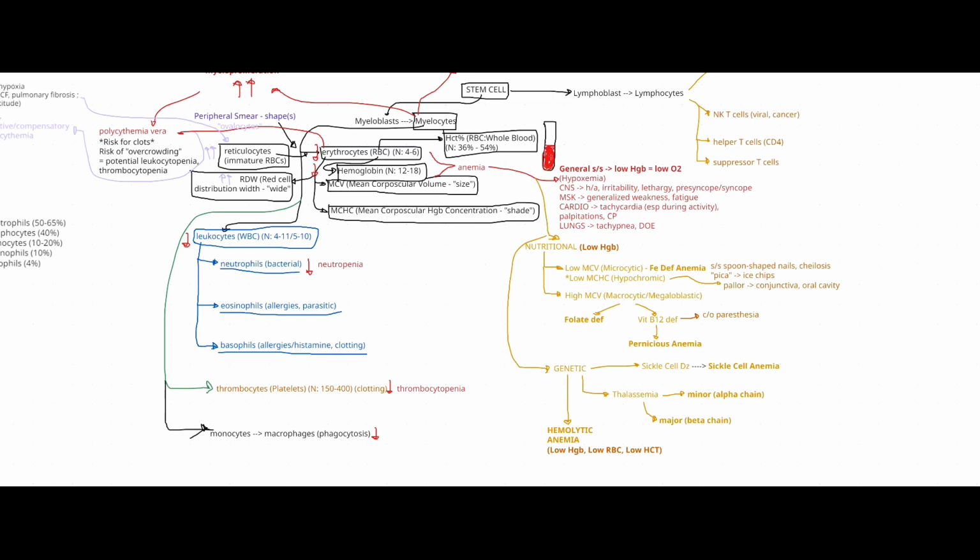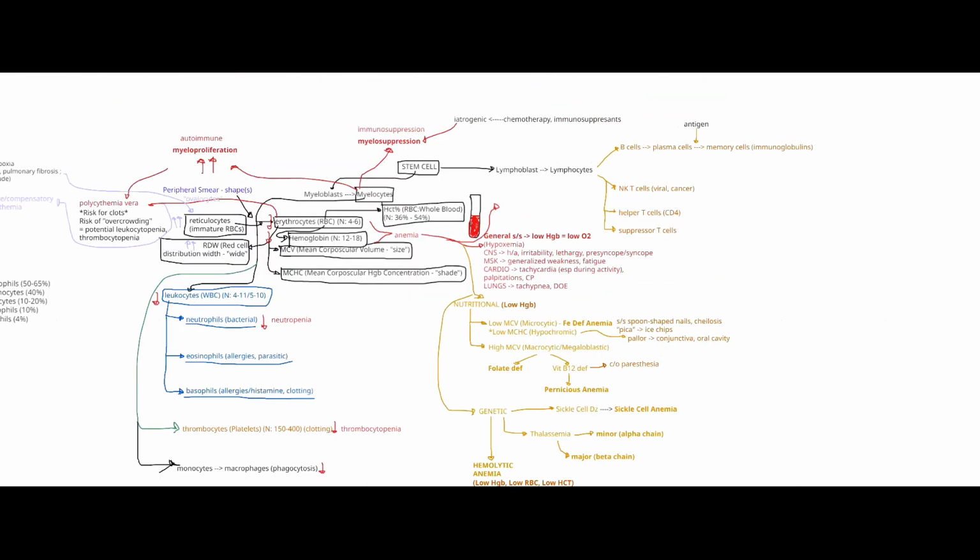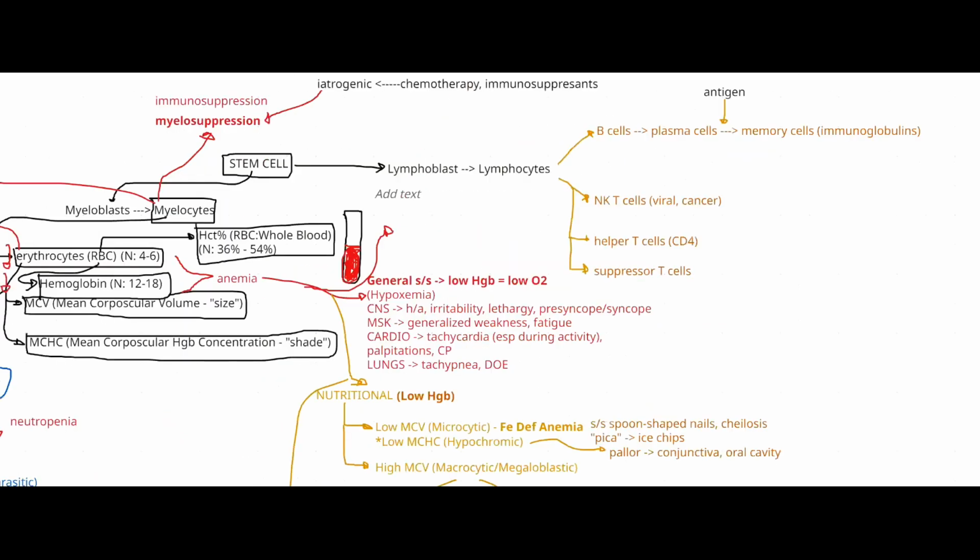However, if someone has what is called normocytic, normochromic anemia, so what you're saying is it's a normal MCV, right?